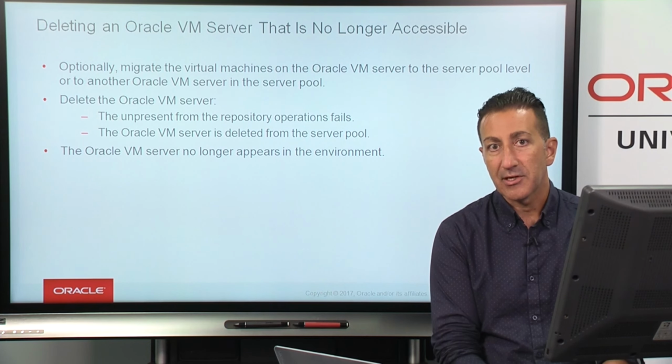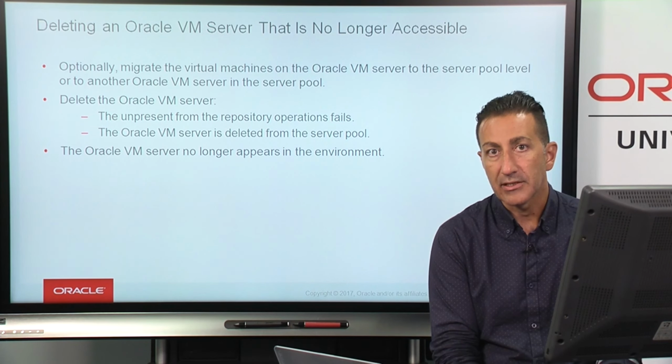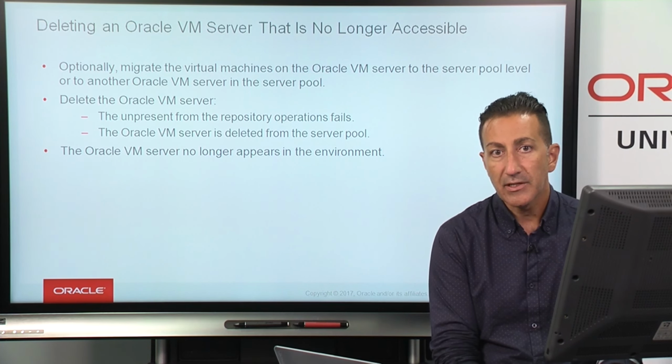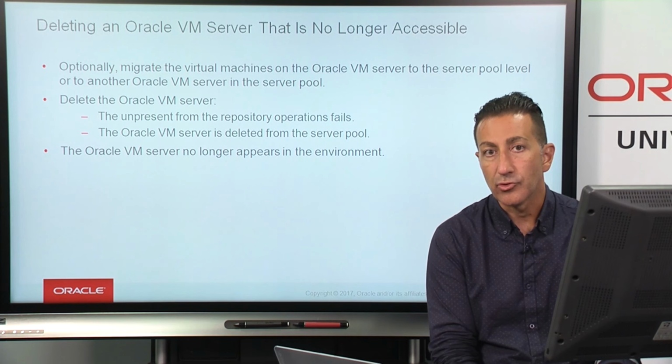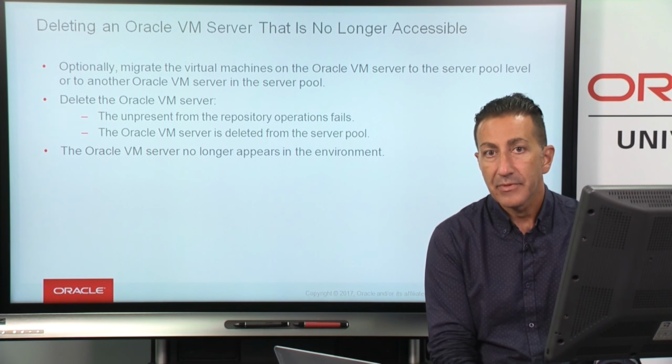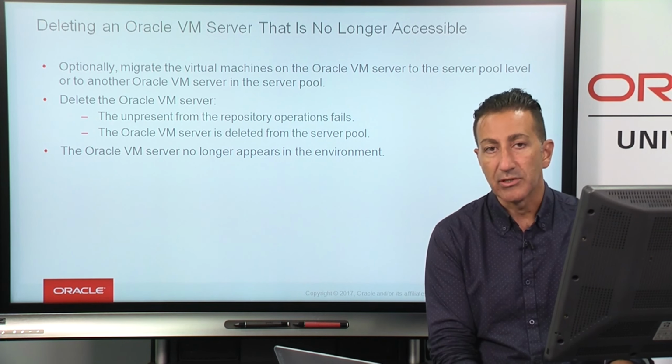Well, deleting an Oracle VM server that is no longer accessible. What happens if the VM server has a hardware failure that you are unable to solve, and it cannot be started again or be visible or available from the Oracle VM Manager interface? Optionally, you can migrate the virtual machines on the VM server to the server pool level or to another VM server in the server pool if possible.